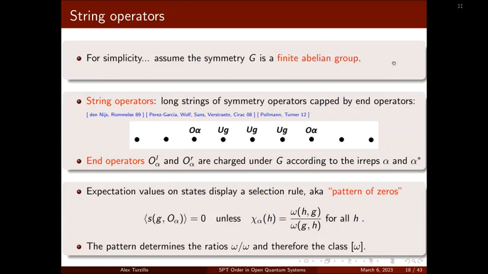It turns out that the expectation values of these things obey a selection rule, also called a pattern of zeros. So usually the expectation value vanishes unless a certain constraint that relates the charge of the end operators, the cohomology class of the state, and the symmetry acting on the bulk is satisfied. When that selection rule is satisfied, it's some non-zero value.